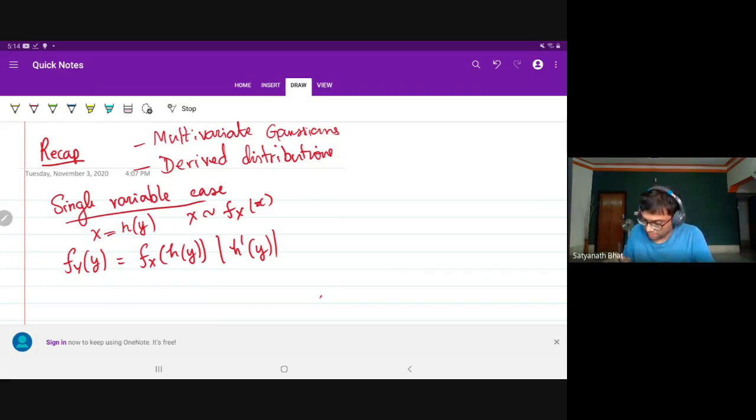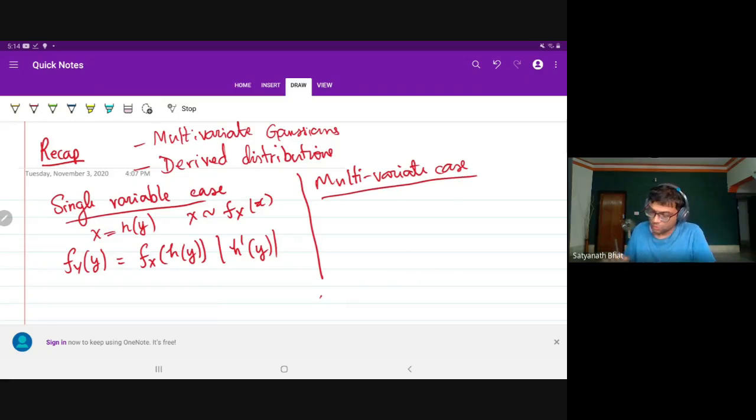Then we also saw how this changes in the multivariate case. Here we have a vector valued function h and a vector y.